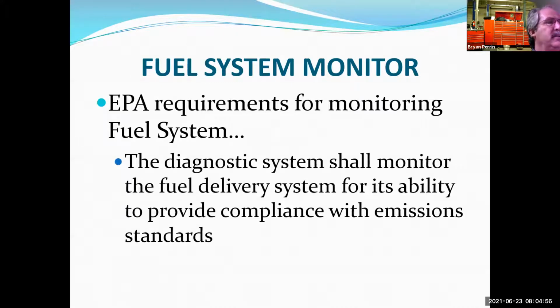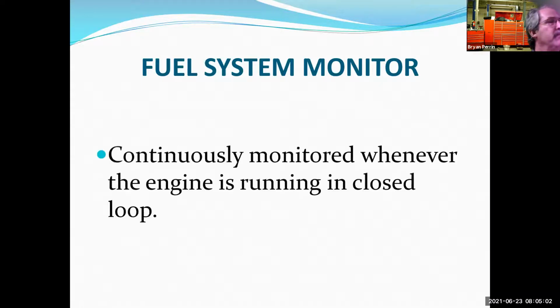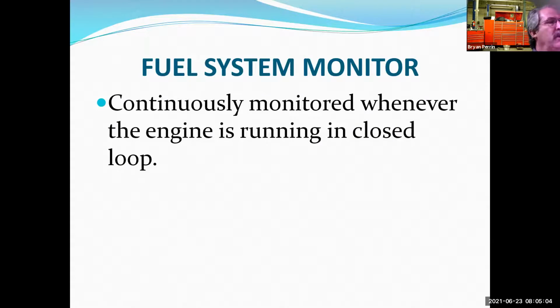A diagnostic system shall monitor the fuel delivery system's ability to provide compliance with emission standards. It is continuously monitored whenever the engine is running in closed loop. In other words, whenever we're looking at the oxygen sensor and using the oxygen sensor for fuel control, we're monitoring how much fuel we're having to add or subtract from our base speed and load cells in order to keep the oxygen sensor operating in the correct voltage range.